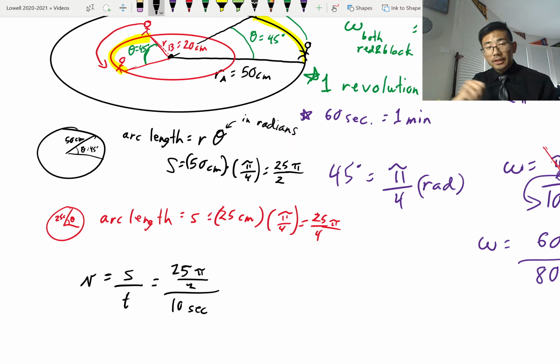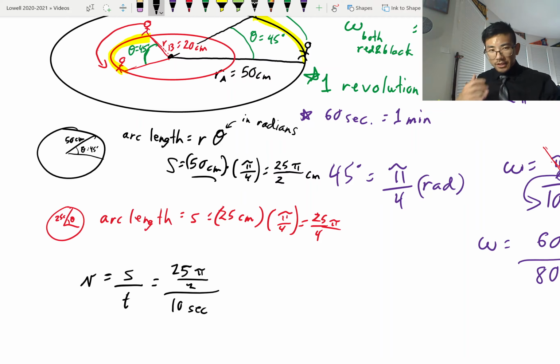Now remember, I should have said this before, don't forget units on this one. Since our distance was measured, well, we used our radius, which was given to us in centimeters, our arc length is in centimeters. And this is why radians is a dimensionless unit.